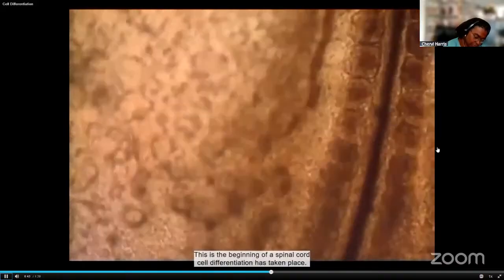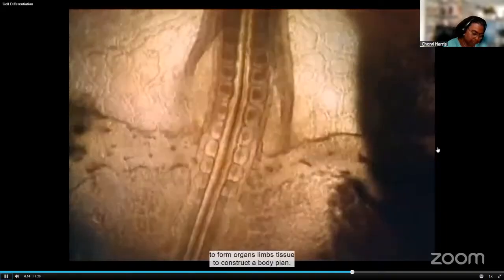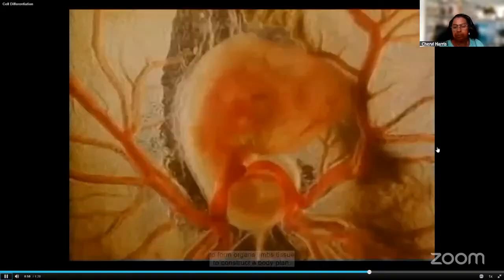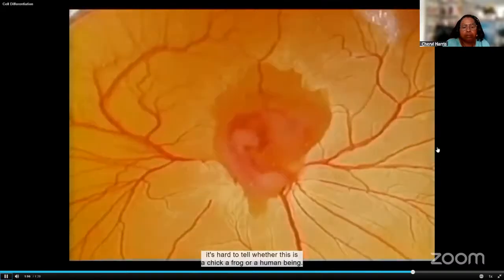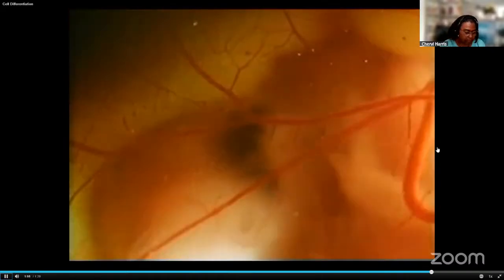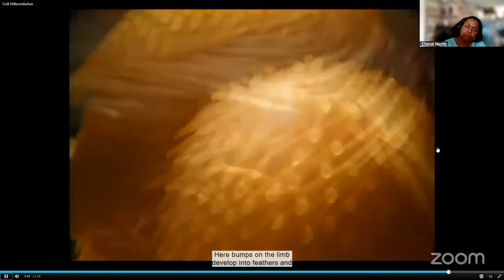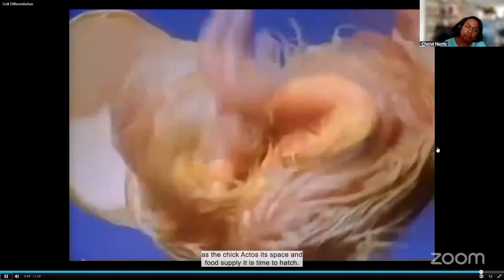Cell differentiation has taken place. Other cells are becoming heart cells and are forming a primitive beating heart. Each cell is ordered by a genetic program to form organs, limbs, tissue, to construct a body plan. At these early stages of embryonic development, it's hard to tell whether this is a chick, a frog, or a human being. Here, bumps on the limb develop into feathers, and as the chick outgrows its space and food supply, it is time to hatch.